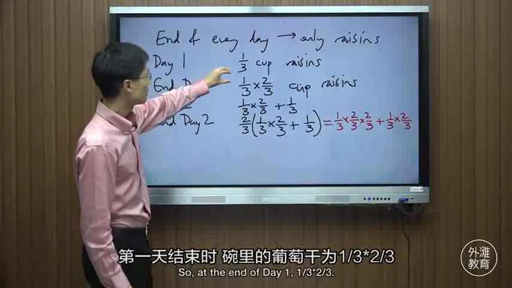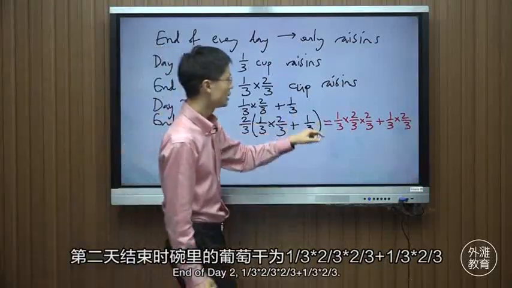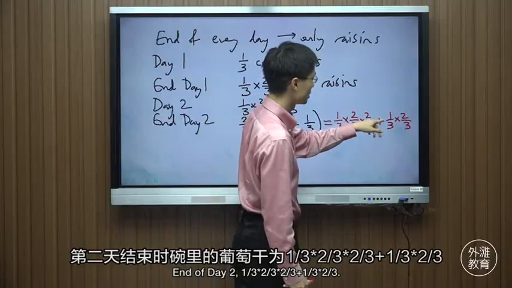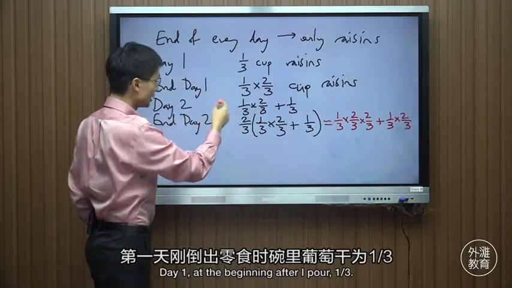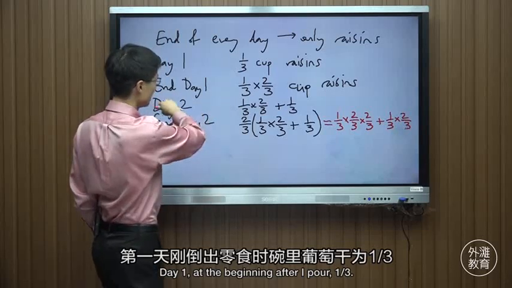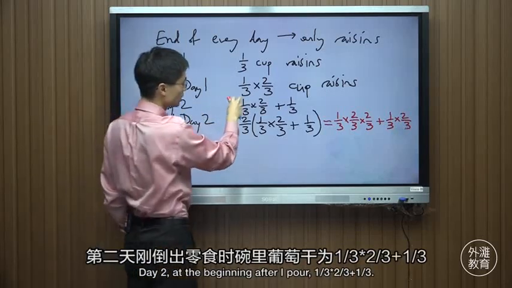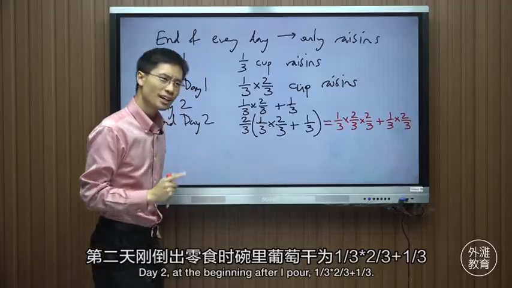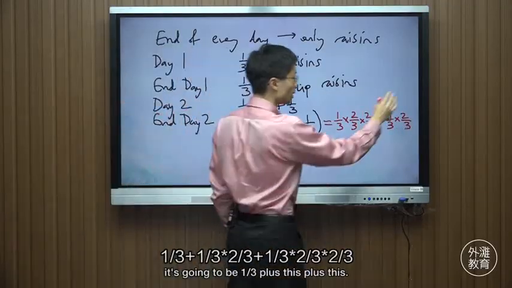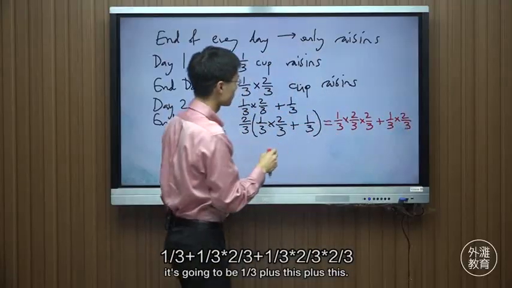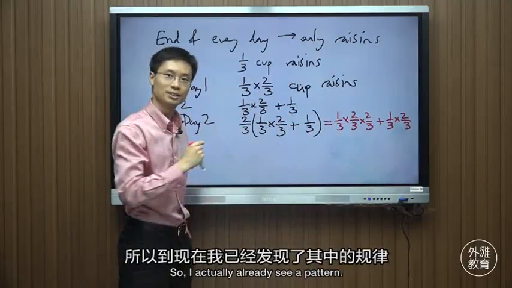At the end of day 1, 1/3 times 2/3. End of day 2, 1/3 times 2/3 times 2/3 plus 1/3 times 2/3. Day 1 at the beginning after I pour, 1/3. Day 2 at the beginning after I pour, 1/3 times 2/3 plus 1/3. At the beginning of day 3 after I pour, it's going to be 1/3 plus this plus this. So I actually already see a pattern.